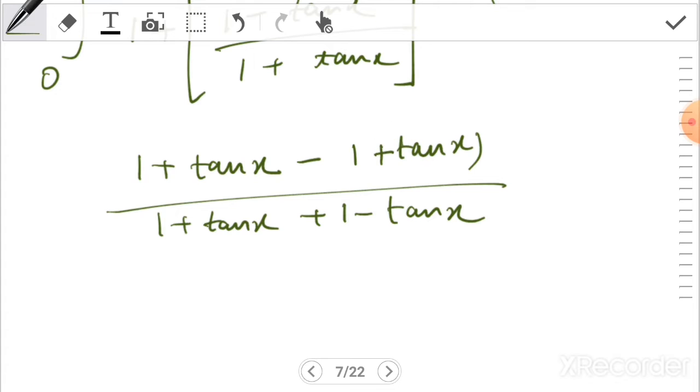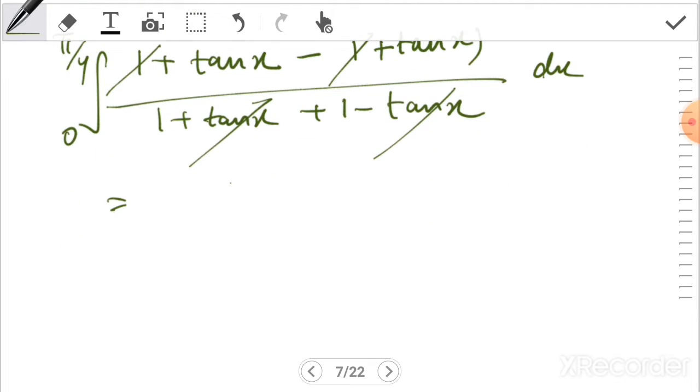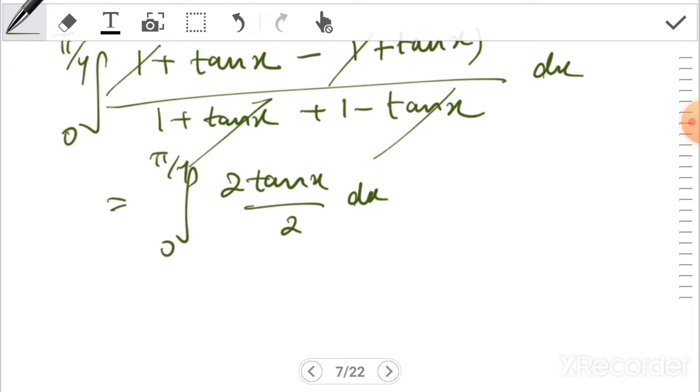Again, this is 2 tan x by 2 dx, from 0 to pi by 4. Okay, so integral 0 to pi by 4 of tan x dx.